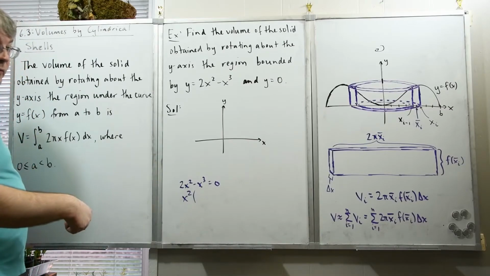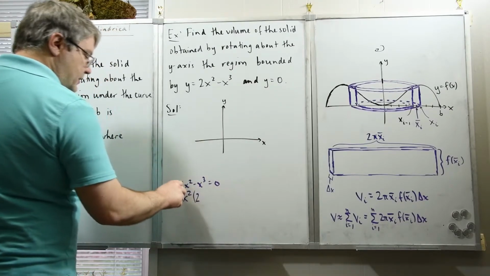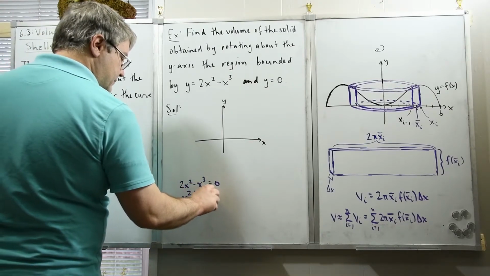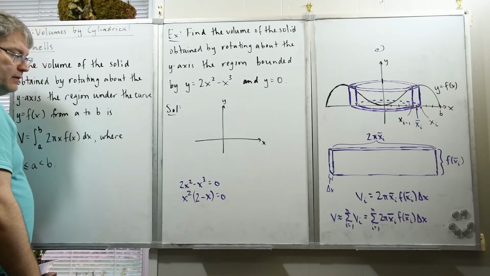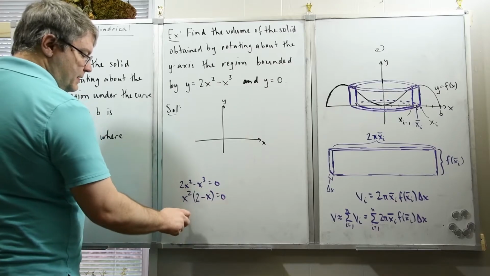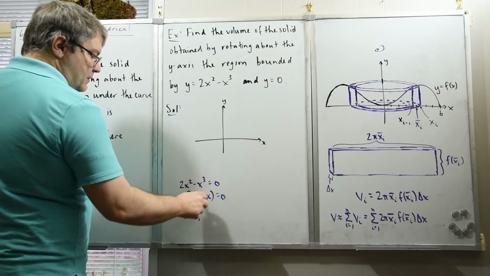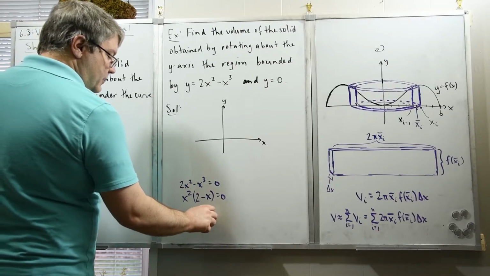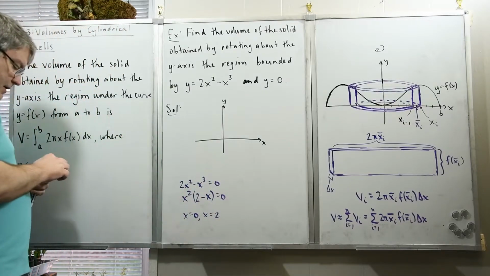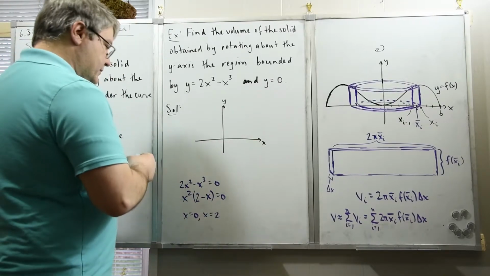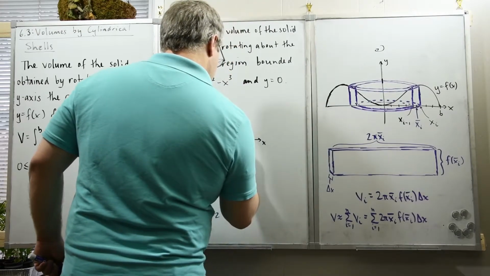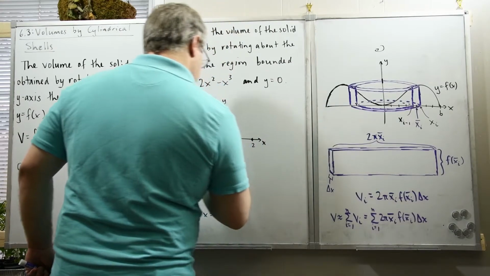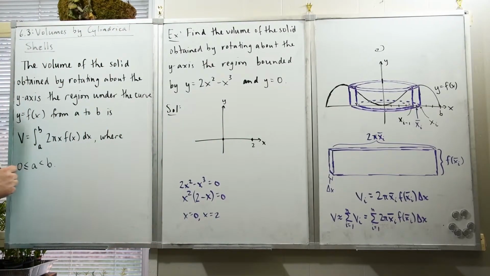If you factor an x squared out of each of these terms, you get a 2 from the first term and a minus x from the second. Then when you set each of these equal to 0, x squared equals 0 means x is 0, and 2 minus x equals 0 means x is 2. And so we know that this graph is going to intersect the x-axis at 0 and 2.